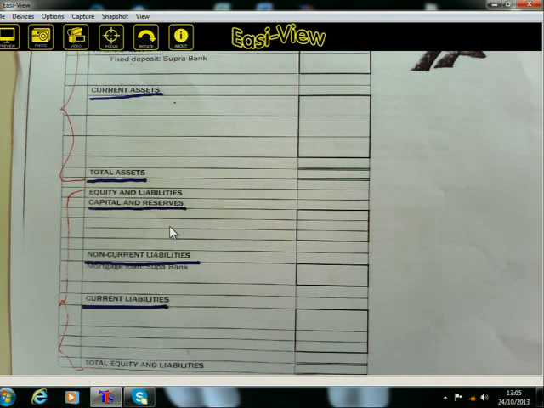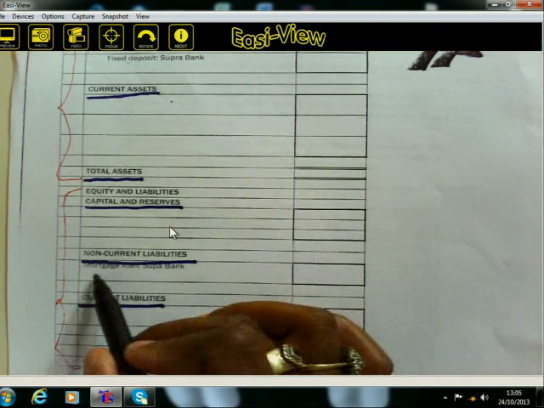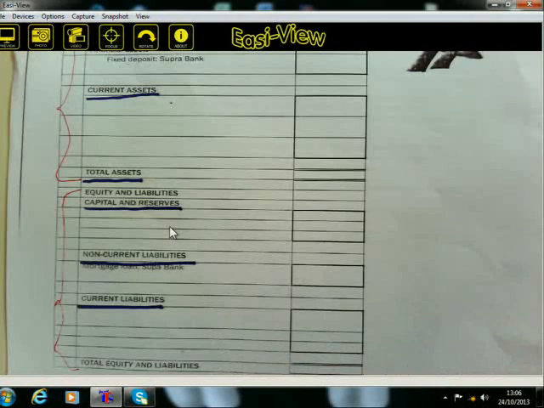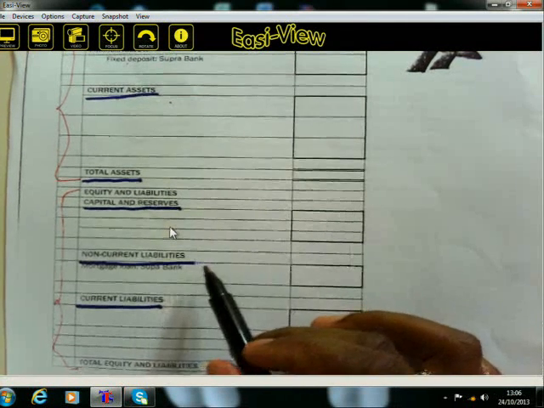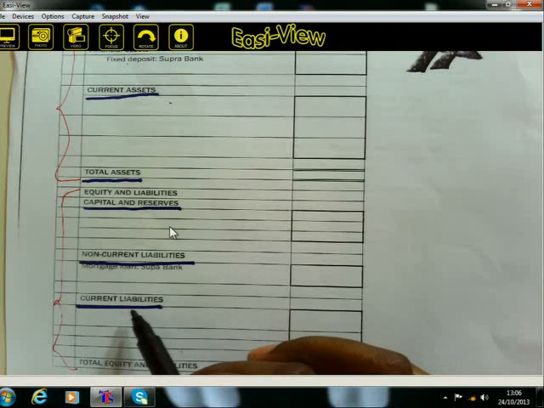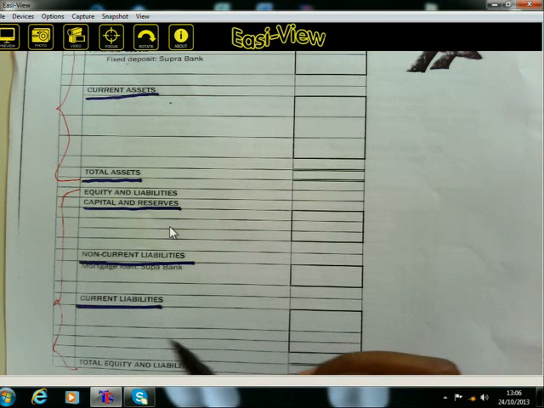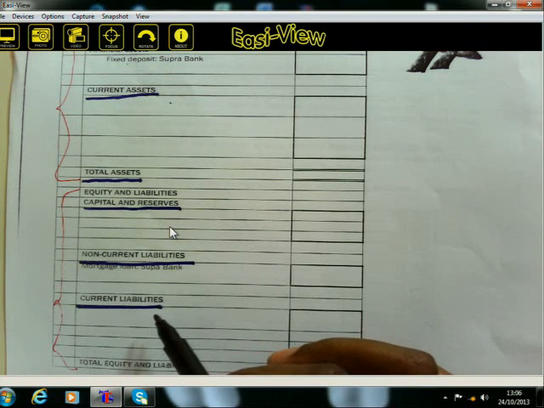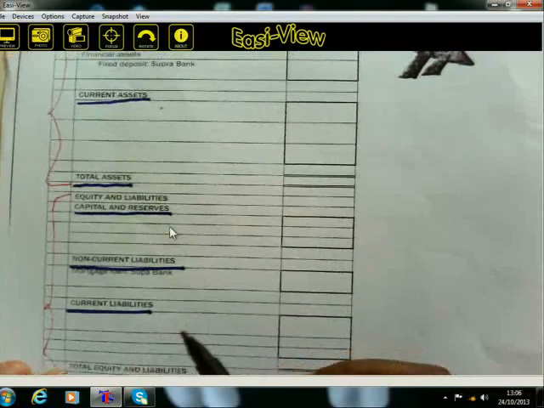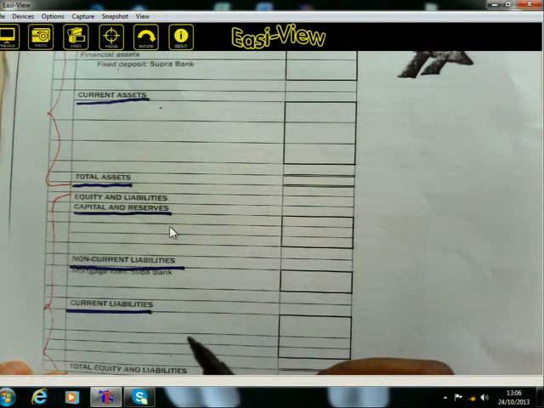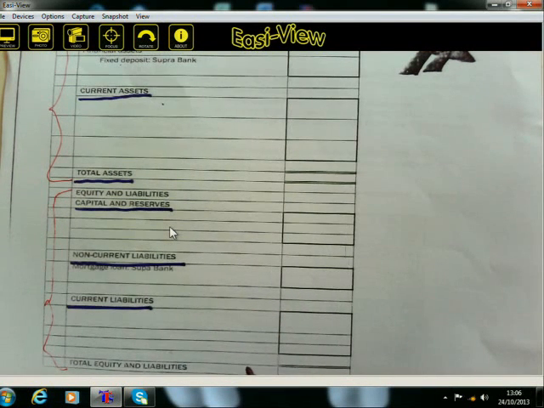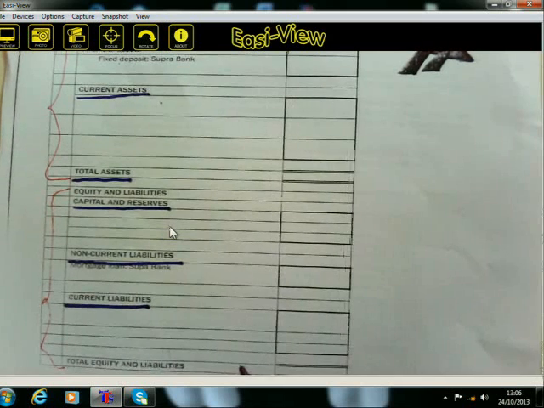Under the non-current liabilities, we consider the loan or the mortgage loan. Those are the long-term liabilities. The last part is the current liabilities, which are the short-term liabilities. We'll come back to this when we do the activity based on the balance sheet.